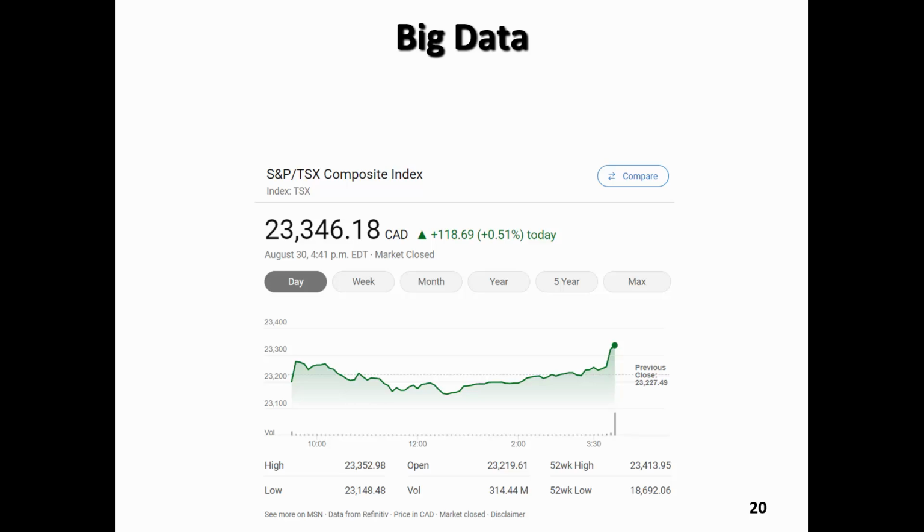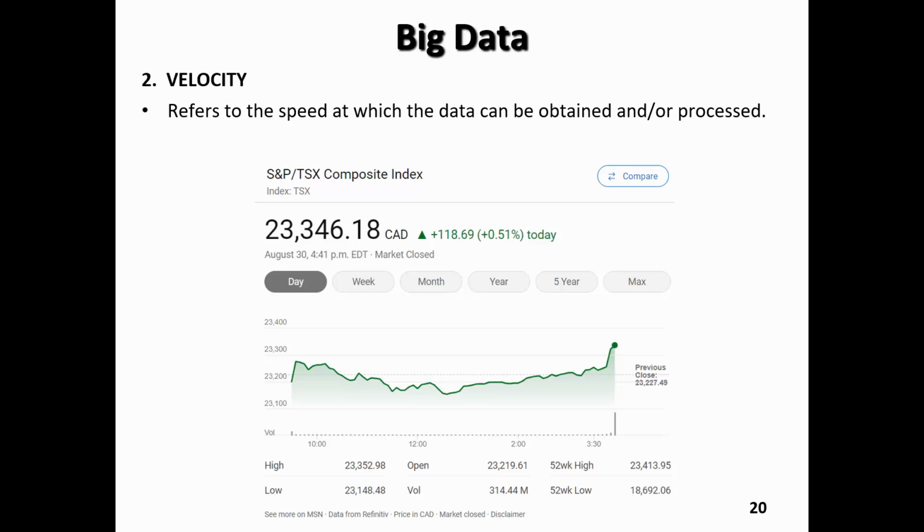The second key characteristic of big data is velocity, and as the term suggests, it refers to how fast the data can be obtained and or processed. This is typically important in those areas where data needs to be updated in real time. What we see here is a screenshot of the market value of the Toronto Stock Exchange on August 30th, 2024 at market closing.